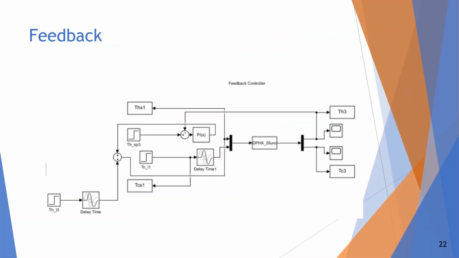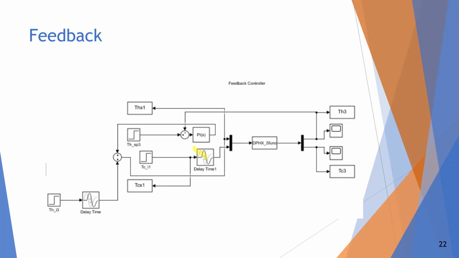So here we have the feedback controller that we used for the double heat exchanger. We also added a delay to the inlet of the hot temperature, and also another delay to the cold temperature, that are shown here through the highlight.